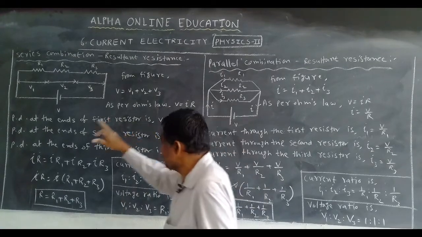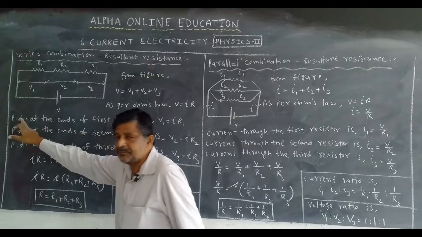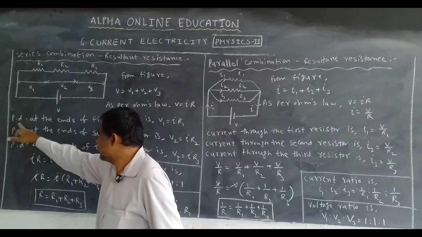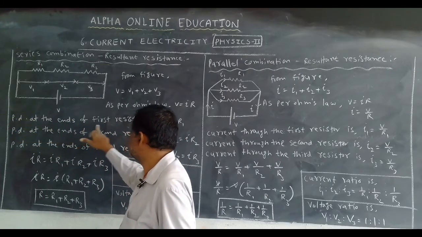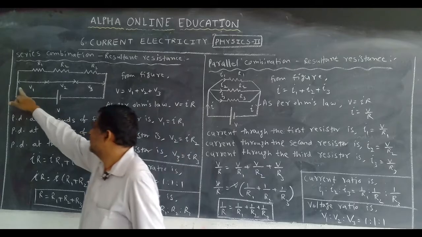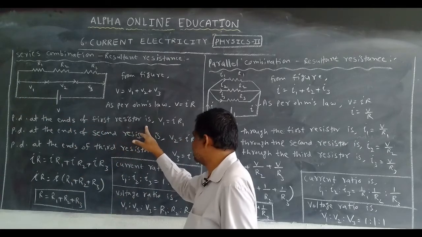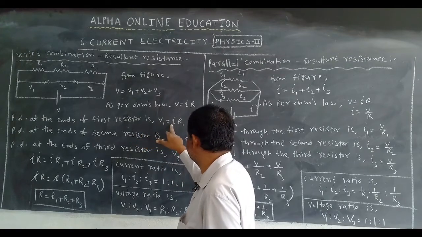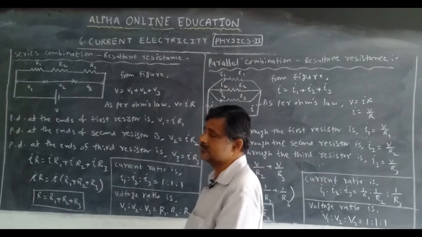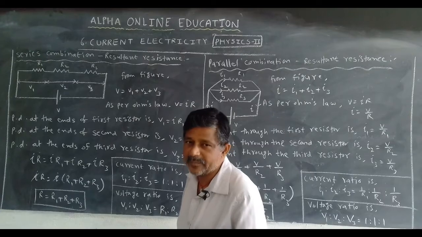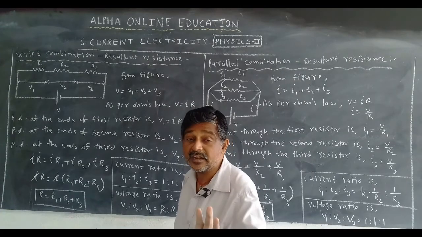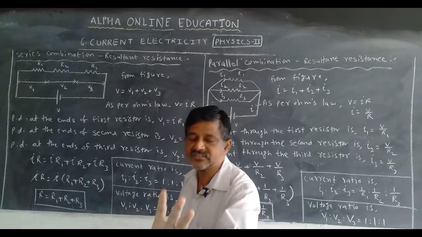Now, potential difference at the ends of the first resistor is V1 is equal to I into R1. In the series combination, current is the same in each resistor.